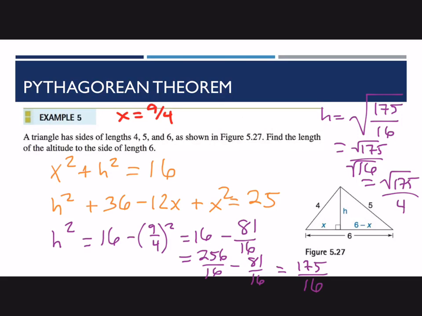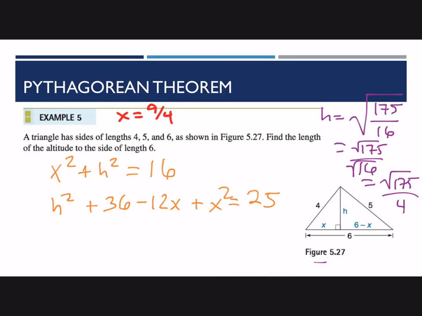All right, and then we need to simplify the numerator. Okay, so that becomes square root 175 is square root of 25 times 7. And 25 can be square rooted, so this becomes 5 square root 7 over 4, and that's as simple as it gets.